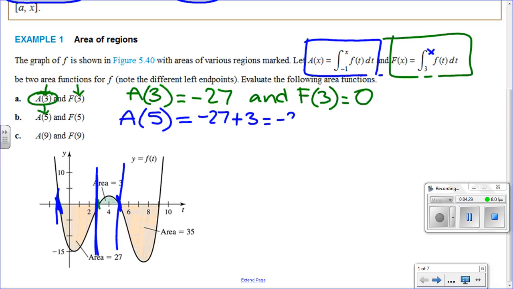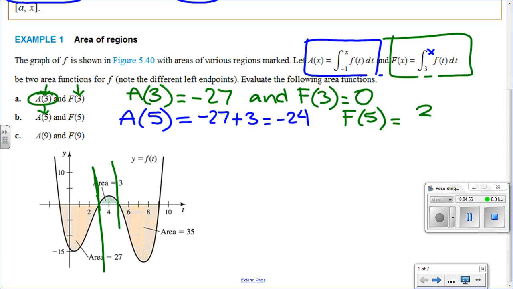So that will be -24. Now let's calculate F of 5. For that one, we're going to go from 3, because that's how the integral is defined. The lower limit is 3. So the area from here all the way to 5. Isn't it this one we did? Oh, no, it was 3. Okay, so from 3 to 5, and that would be positive 3.